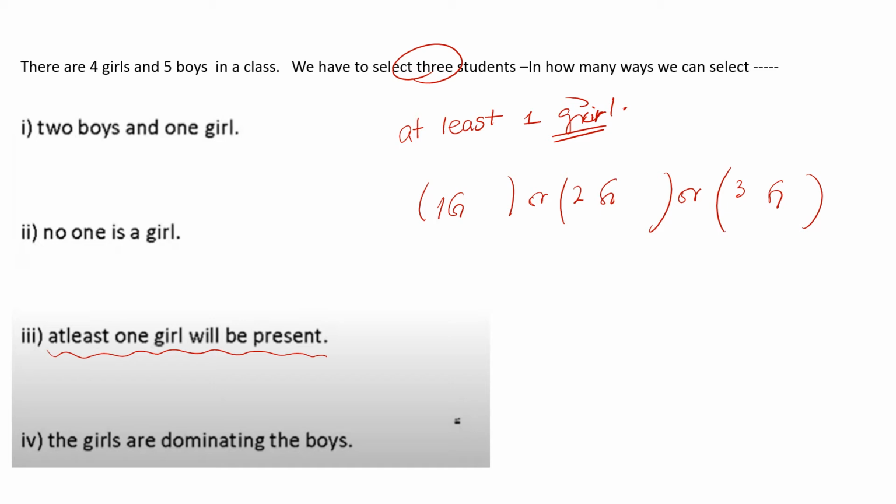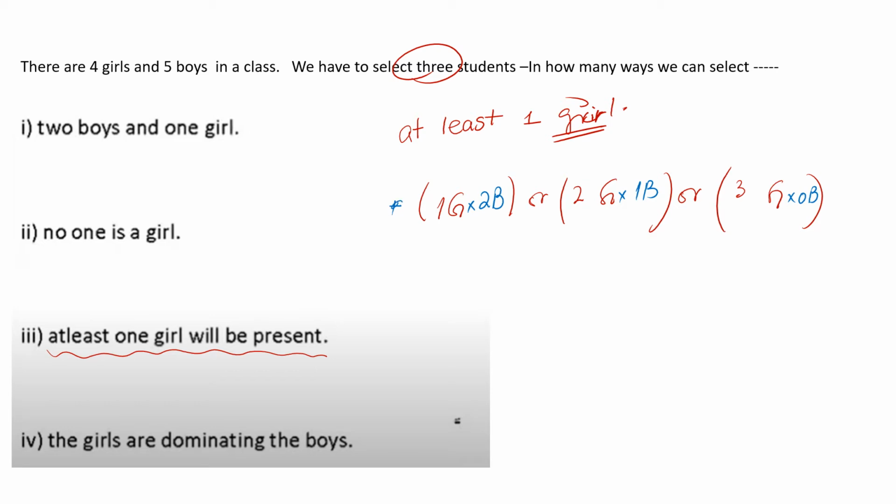So if one girl is there, how many boys are there? There are two boys. If two girls are there, then how many boys are there? There will be one boy. If three girls are there, then how many boys are there? Zero boys.